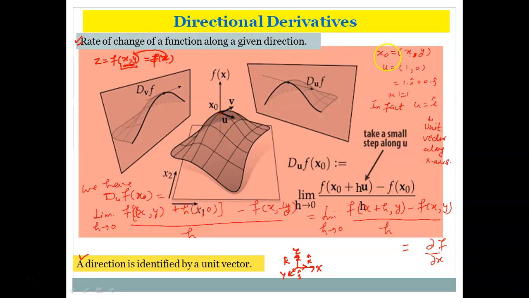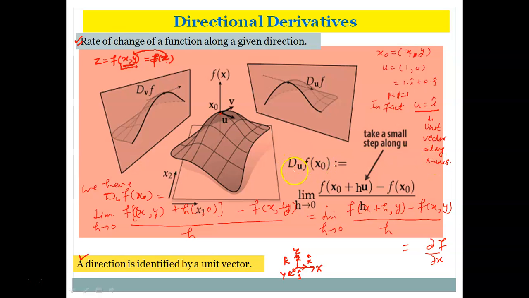So we have x naught equal to (x, y), and suppose we are taking unit vector u as (1, 0) in vector form. If we write in this type of representation, you can write 1 into i cap plus 0 into j cap, and you can see the magnitude of this u is 1, so you can say this u is a unit vector, and in fact here u is i cap, the unit vector along x-axis.